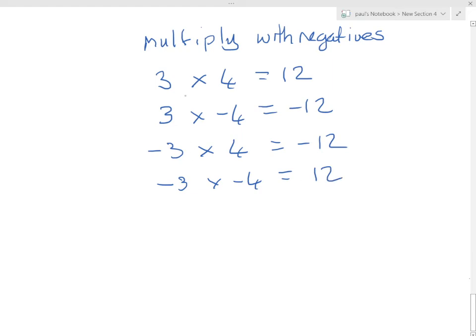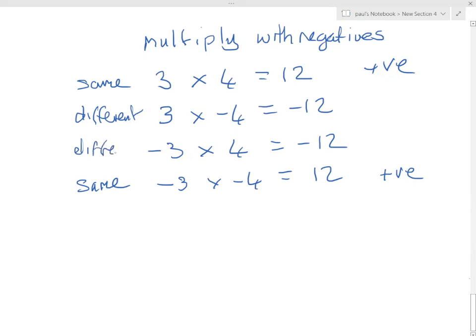So when the signs are the same, you end up with a positive answer. When they are different, you end up with a negative answer. And this rule applies to division as well.